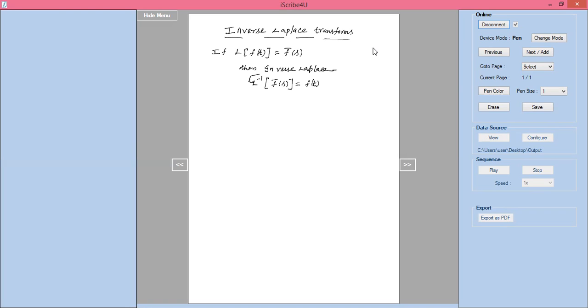Then the inverse Laplace transform is L inverse of f bar of s equals f of t.